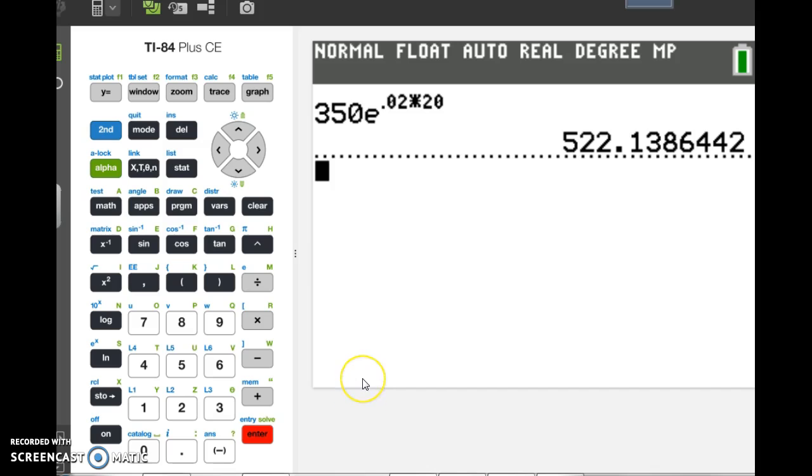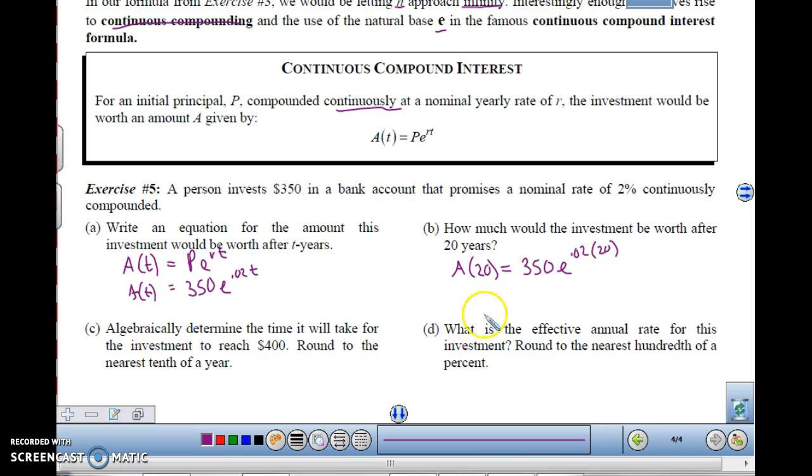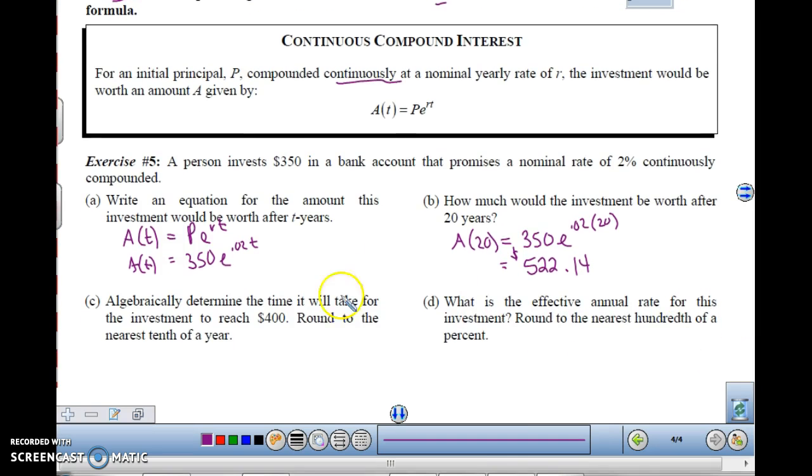And it would be $522.14. So that would be your amount. Okay, now algebraically, determine the time that it will take for the investment to reach 400. We'll save these last two for the next class.